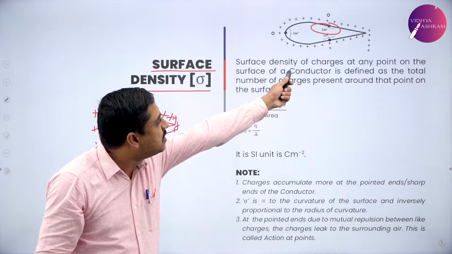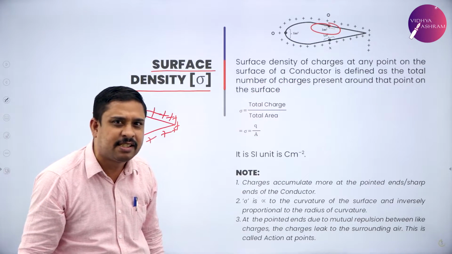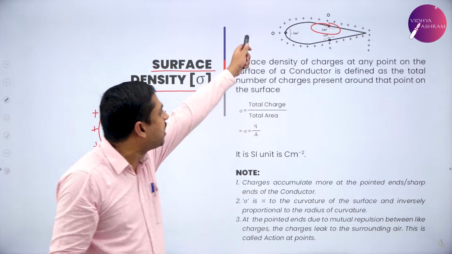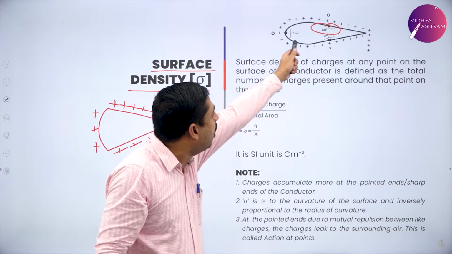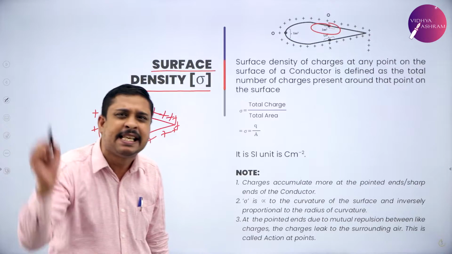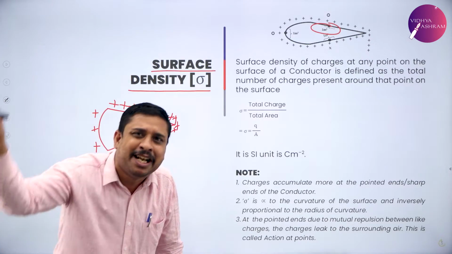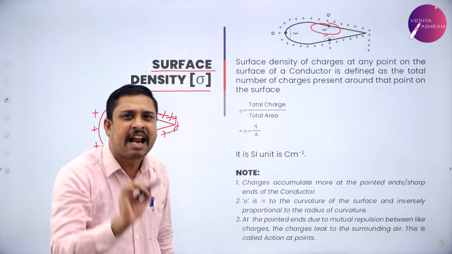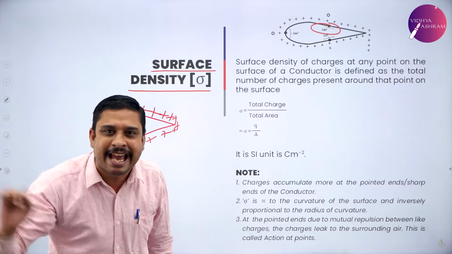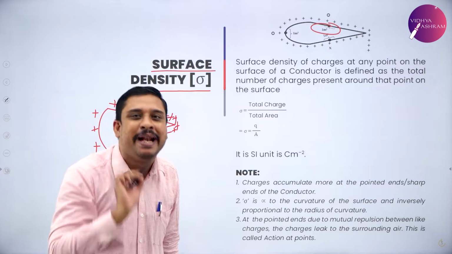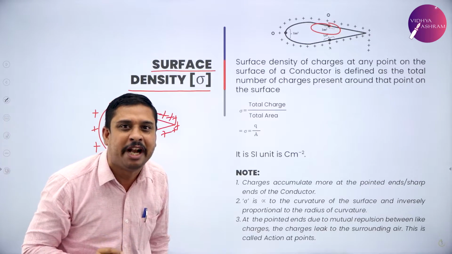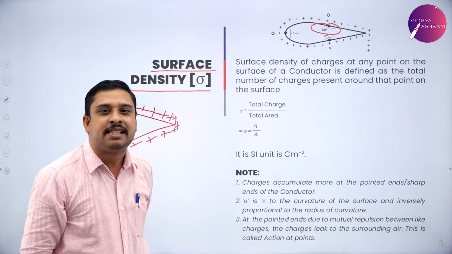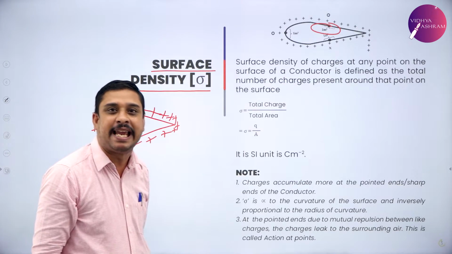surface density of charges at any point on the conductor, maybe on this point O, maybe on this point X, any point you consider on the conductor and refer to unit area around it, 1 meter square area around it. Total charges present there is called surface density.